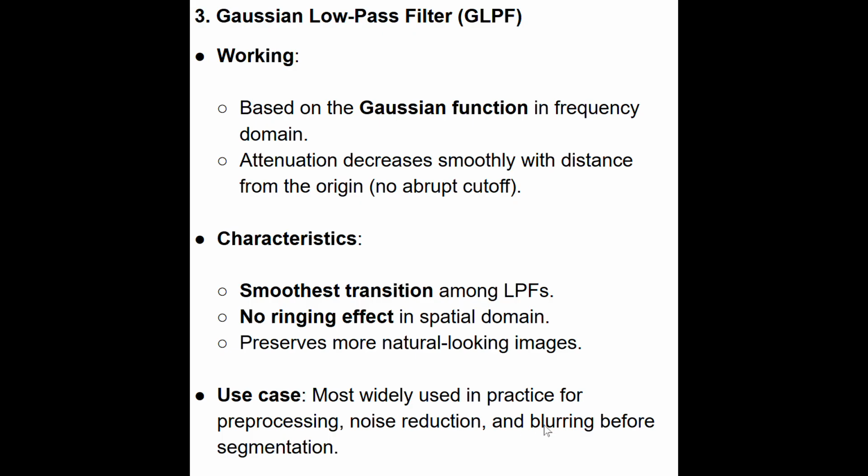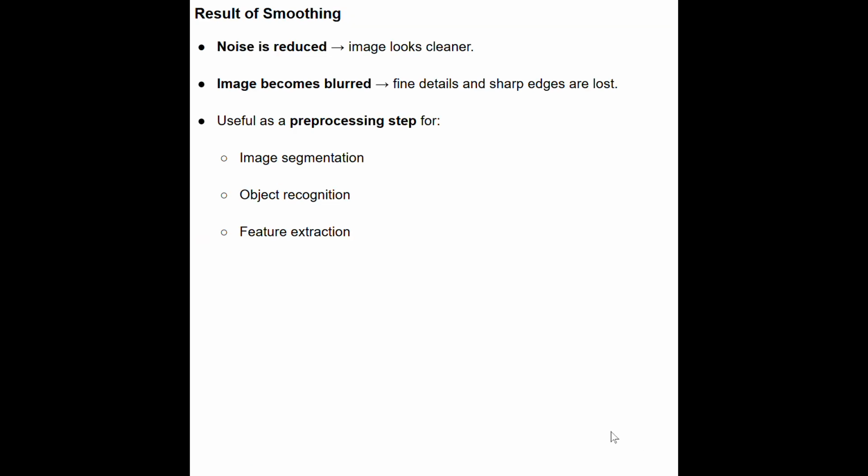The use case is it is most used whenever we want to do certain pre-processing, the noise reduction or the blurring before the image segmentation. The result of smoothing is that the noise present in the image is reduced, so that the image looks cleaner.